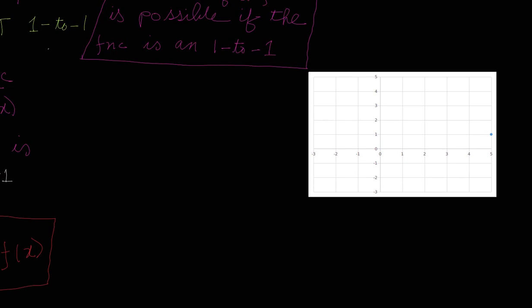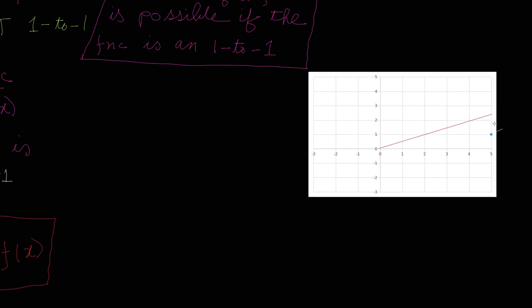So what I am going to do first is draw two functions, any two functions. Let's see, I'm going to draw a function starting from here, and it is going to go like that.